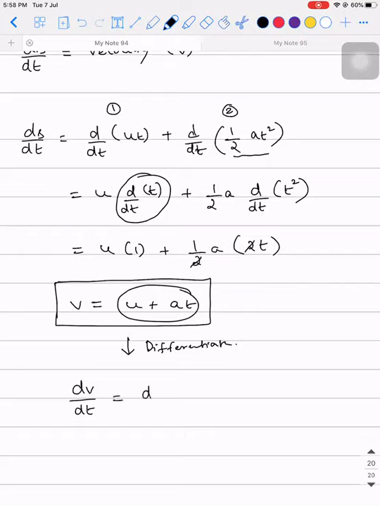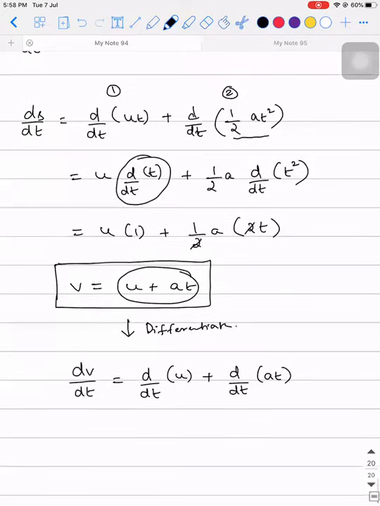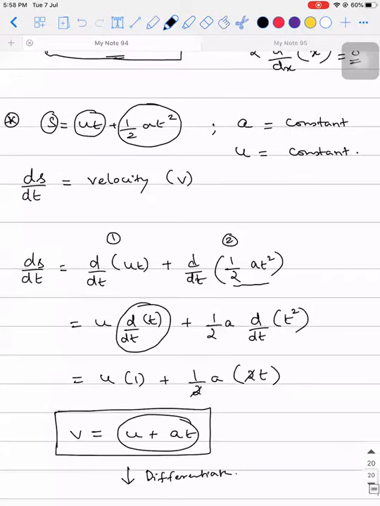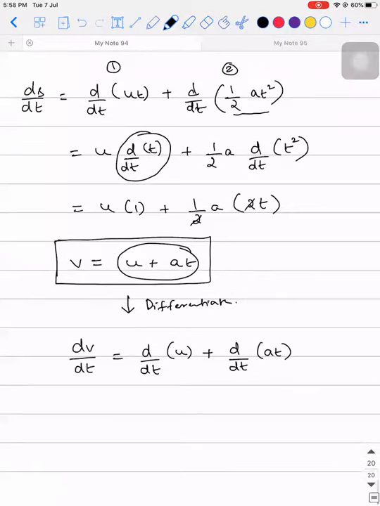So dv by dt is nothing but d by dt of u plus d by dt of at. Is u a constant or a variable? Constant. So what is the derivative of a constant? Zero. Plus, out of at, a is constant and t is the variable.